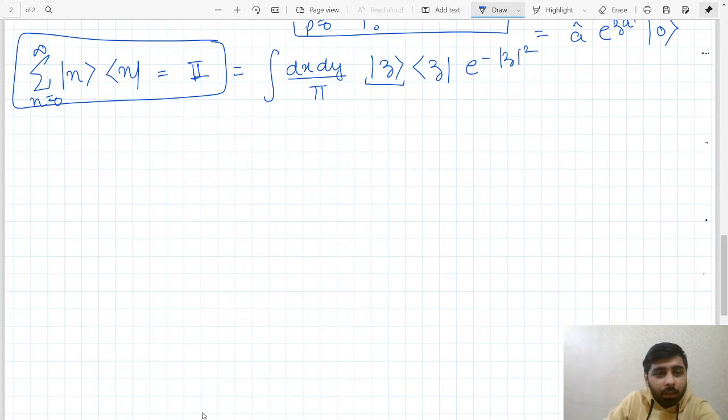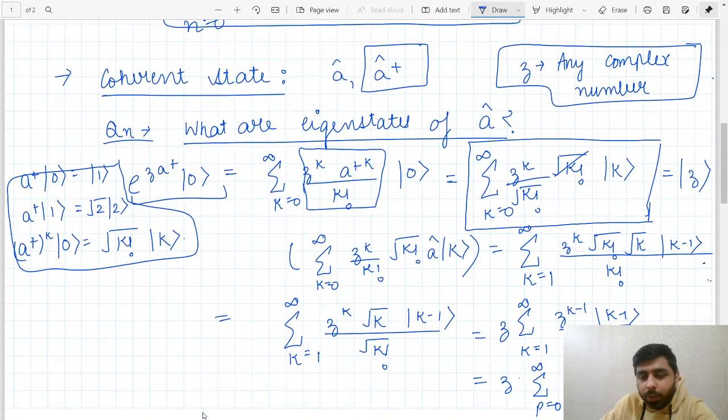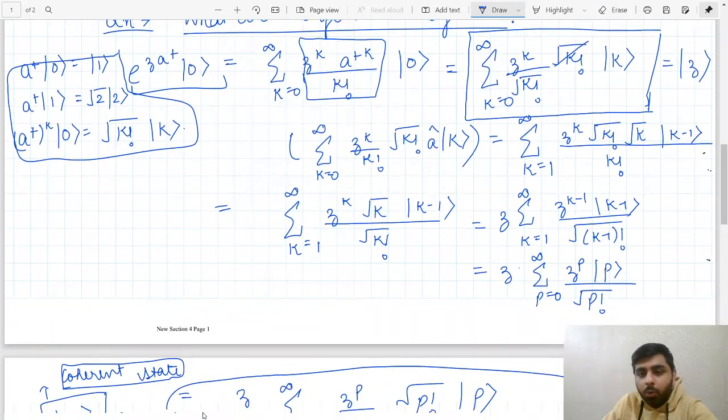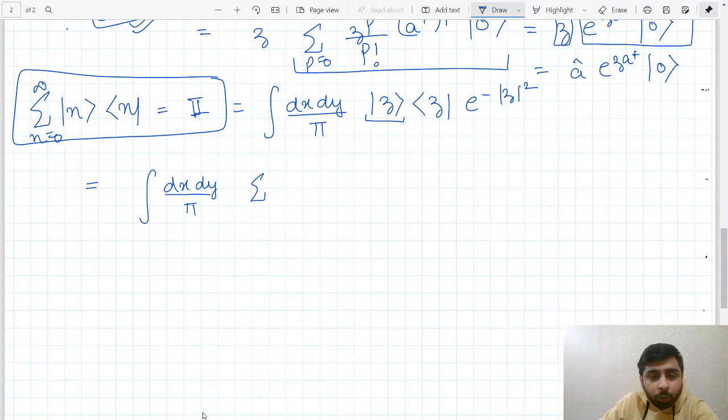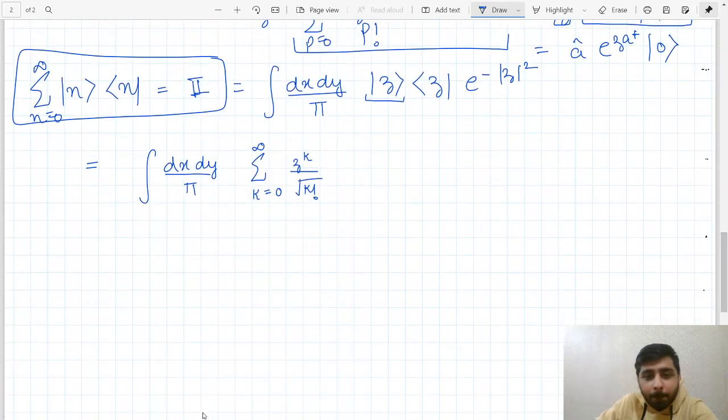So let us just replace them here. dx dy upon pi, and what was this again? z to the power k, ket k upon square root of k factorial, k equals 0 to infinity. So this is just z.